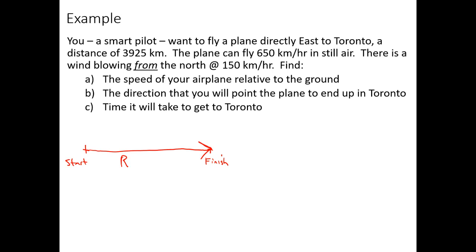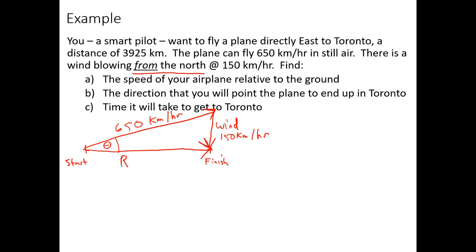So if I've got a wind blowing from the north towards the south, I'm going to have to aim this plane a little bit north, because this wind is going to be pushing at 150 kilometers per hour. I'm going to need to aim this plane north of where I want to end up so that I actually end up in Toronto and I don't end up in the United States of America. Okay, I'm going to put an angle theta on here just so we'll have an angle to talk about. So we've got our triangle to work with.